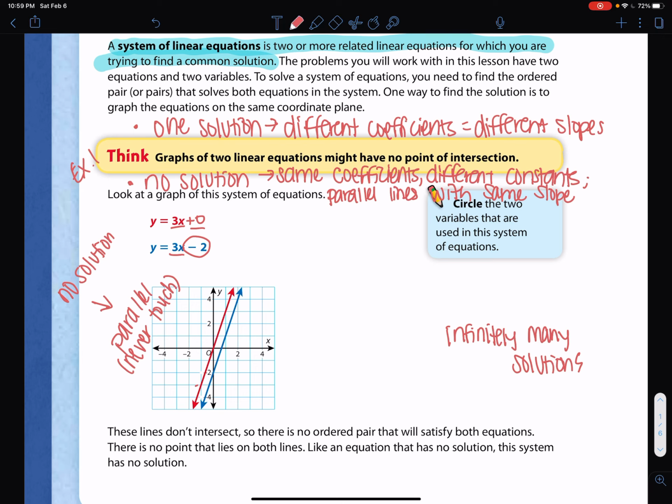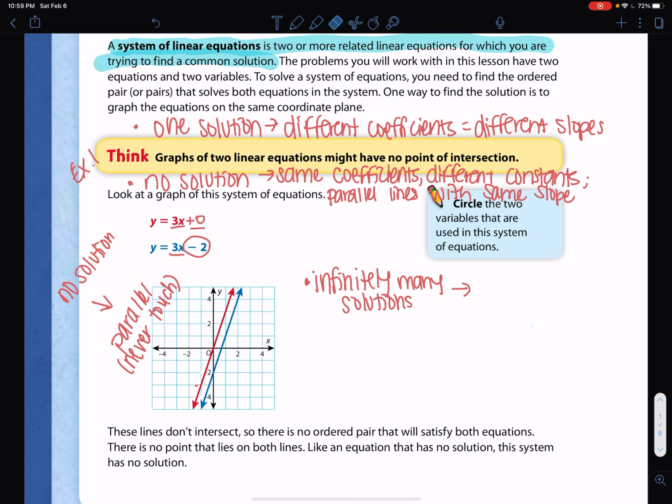So with infinitely many solutions, just like what we said last time, they're going to have everything match, the same coefficients, same constants. They'll be the same. They'll have the same line. They will be the same line with every single solution. Everything will work for it. So what that means is that they are the same equation.